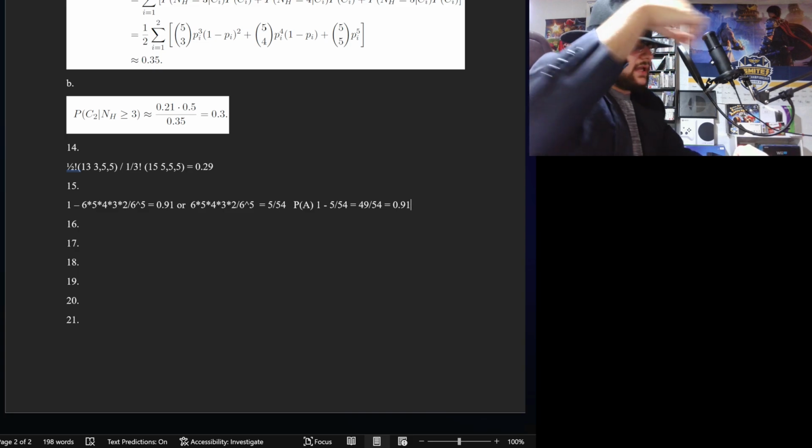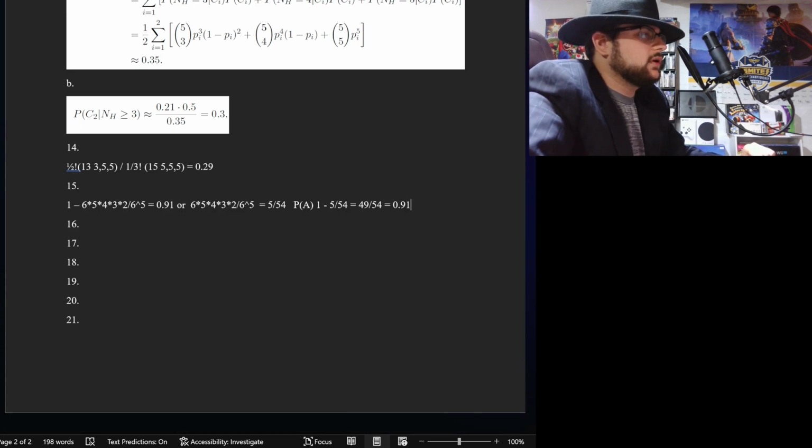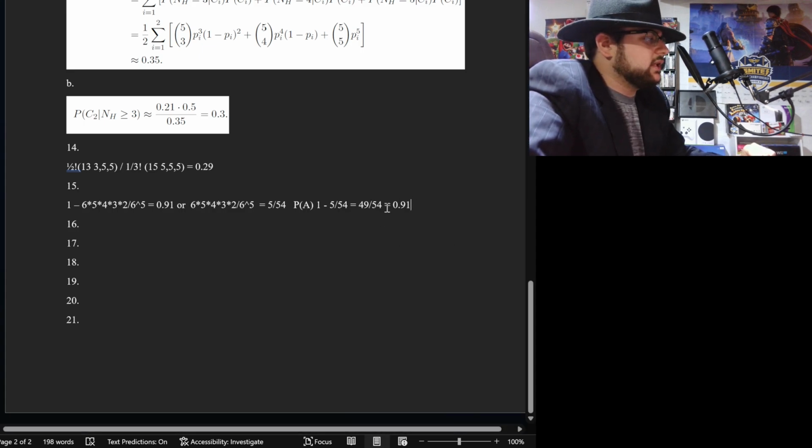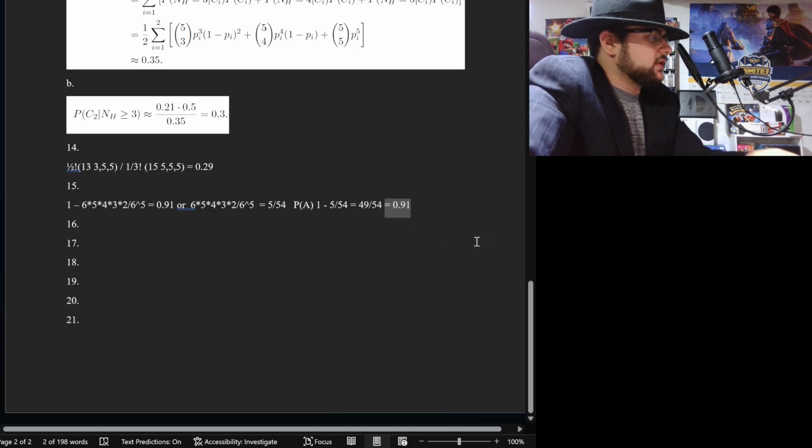I didn't actually do the calculation of 49 over 54, but I believe these two are the same here. I don't see why they wouldn't be, because you're just solving this. But yeah, if you want a fraction, this is how I want you to solve it. If they want a decimal and an approximation, do this. This is an approximation, by the way.